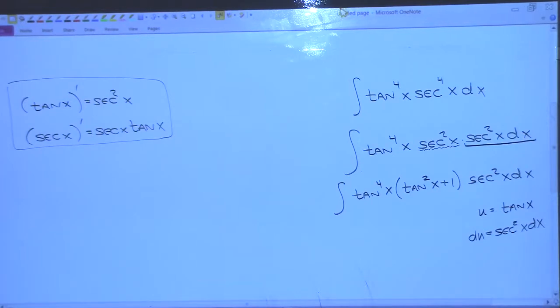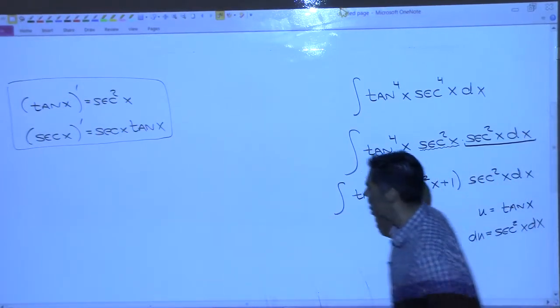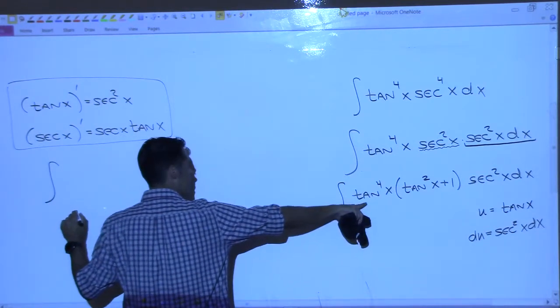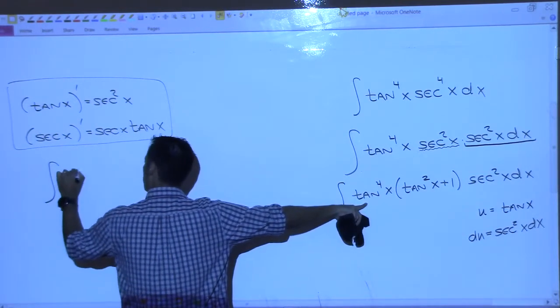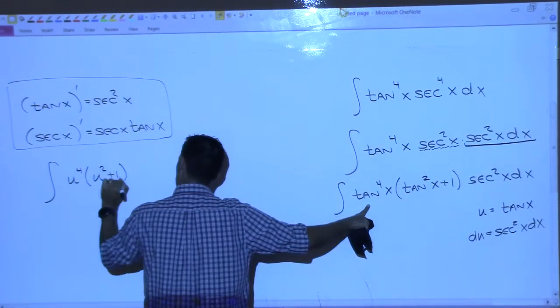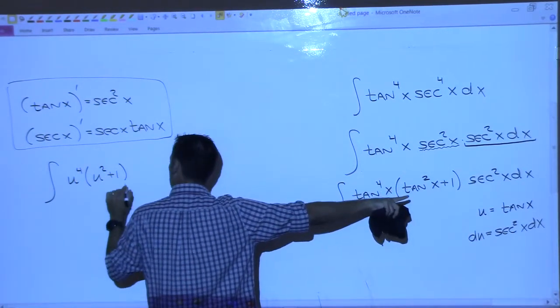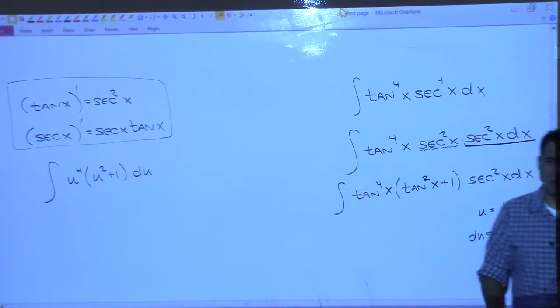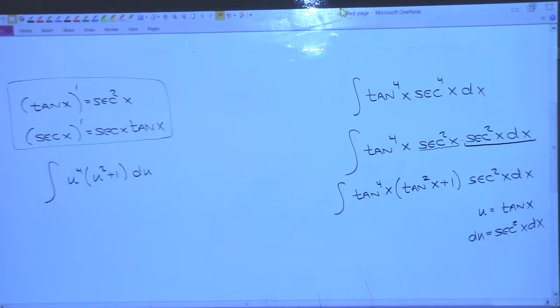So now we can rewrite the entire integral in terms of u. So this would be the integral of u to the fourth, parenthesis, u squared plus 1, and then the very end of it, du. That's it. And that one we could do just how?